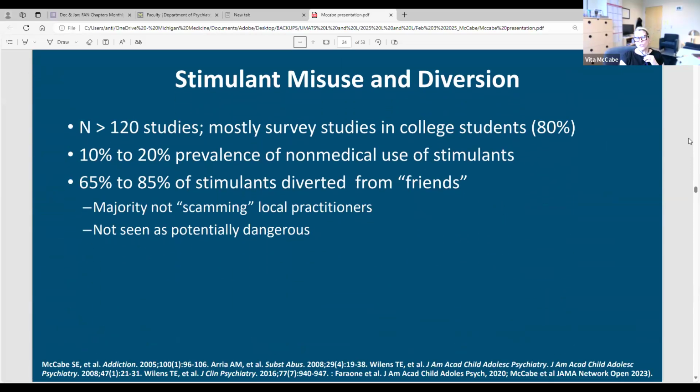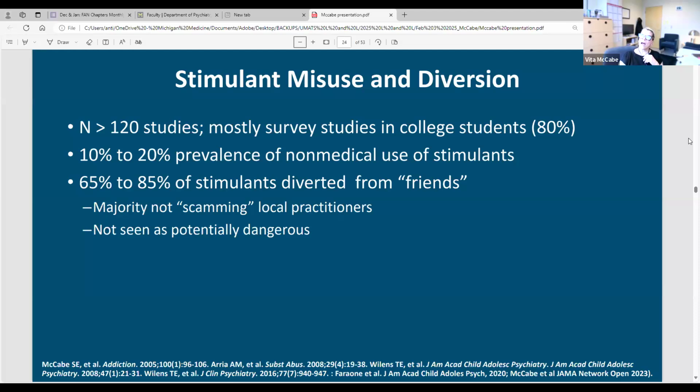There are about 120 studies that look at stimulant misuse and diversion. Most were done in college students, about 80% of those studies. Again, in these studies, it was a 10 to 20% prevalence estimate. 65 to 85% of stimulants were diverted from friends.